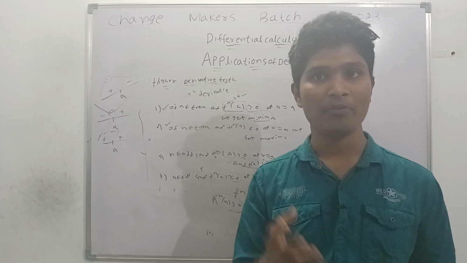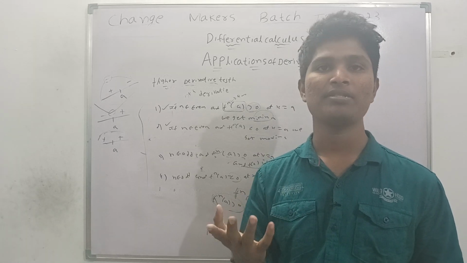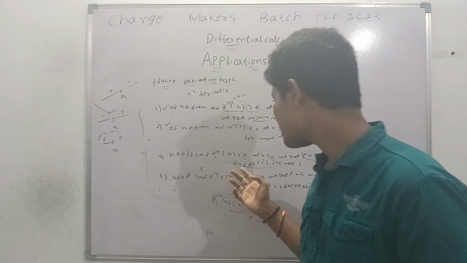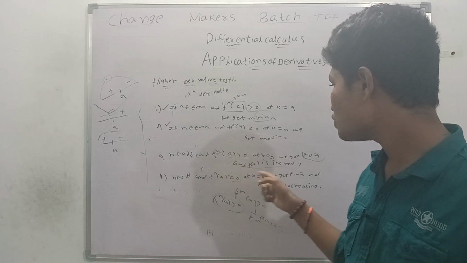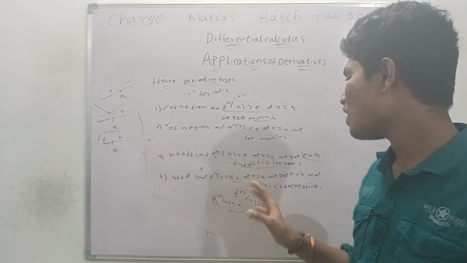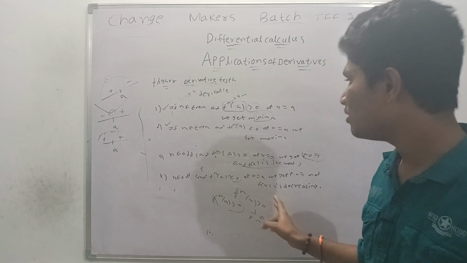And also, if n belongs to odd, there are two cases. If the nth derivative of A is greater than 0, you will get an increasing function and point of inflection. And if the nth derivative of A is less than 0, you will get a decreasing function. You can easily remember these things.